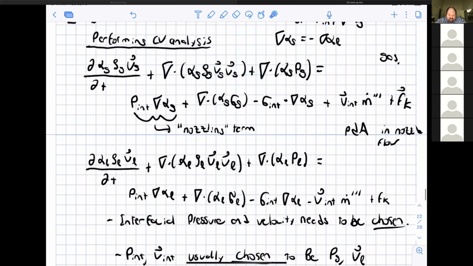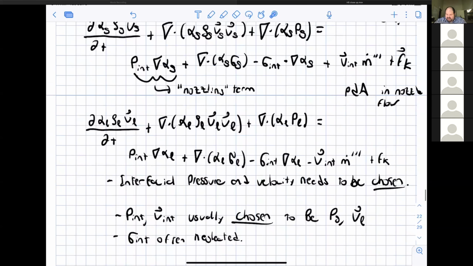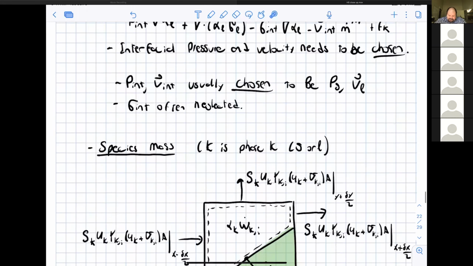There are a whole lot of extra terms. For some types of flows, some terms may be present, and for other types of flows, they may not be present. So these are just very general equations, okay?